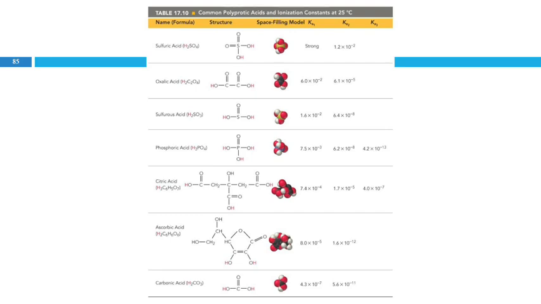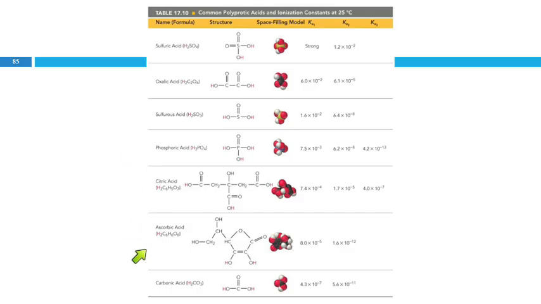So sulfuric acid in water loses one hydrogen ion completely, and then there's an equilibrium for the second one. The rest of these all have 1 and 2. So oxalic acid, sulfurous acid, phosphoric acid, those are ones that we're fairly familiar with.